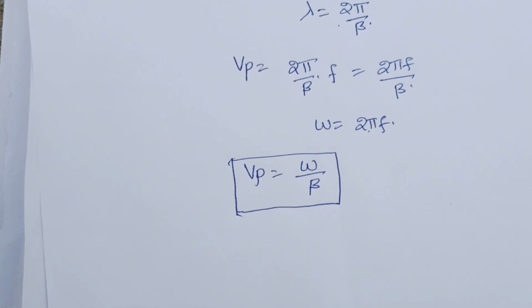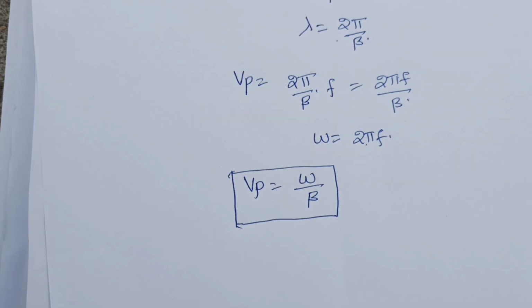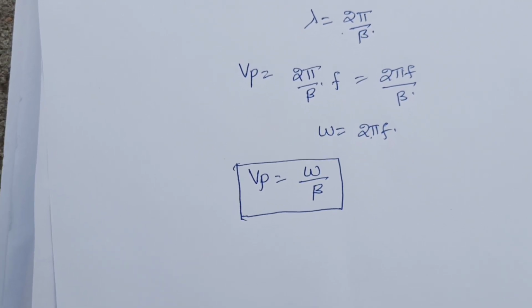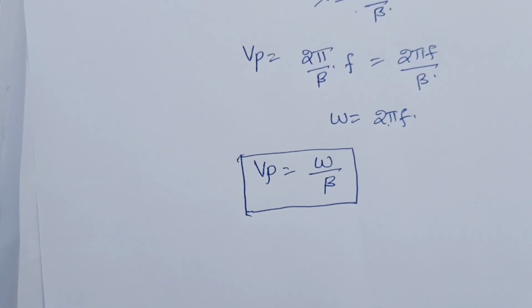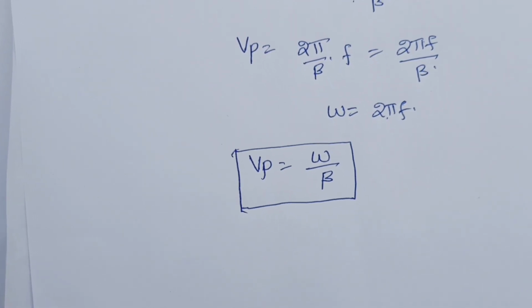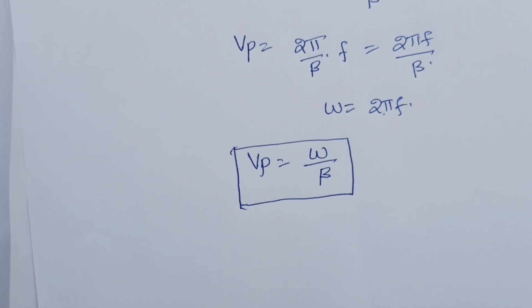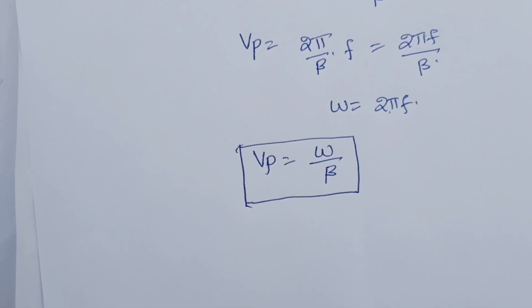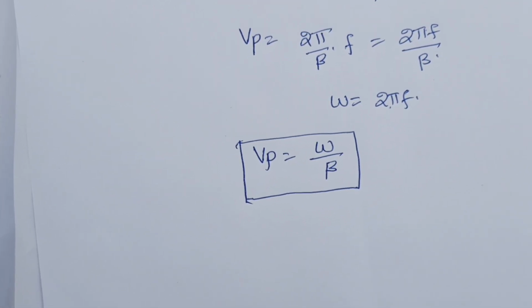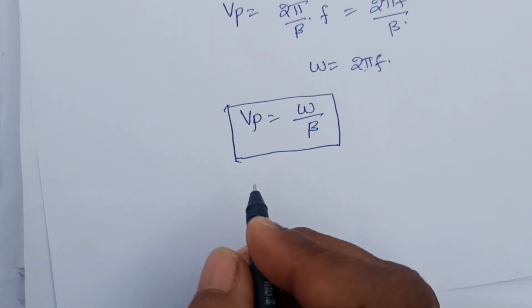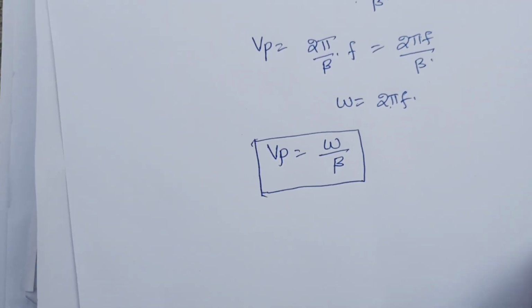The velocity of propagation of waves never exceeds the velocity of light. So the phase velocity is defined as the ratio omega to beta, where omega is angular frequency and beta is the phase shift. Omega by beta is equal to phase velocity.